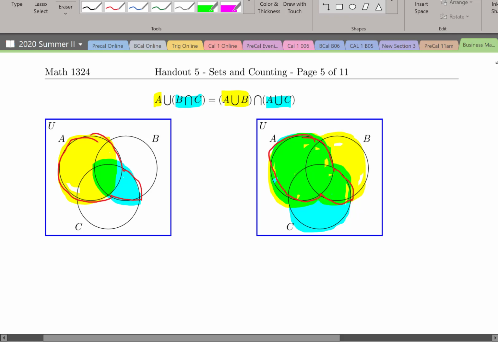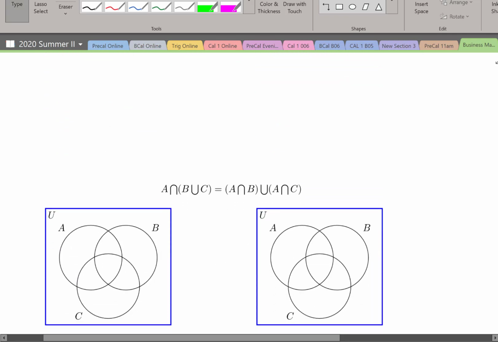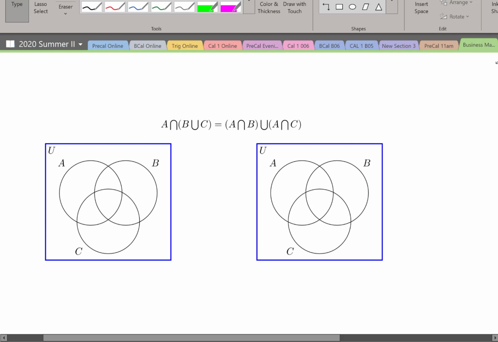And so you see they both describe the same set, therefore they are equal. Next one, we have this guy here. We have A. And then look at B union C.